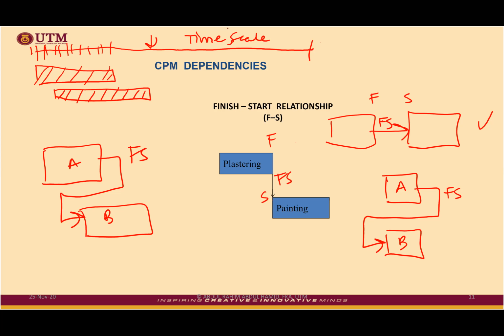But for an AON diagram or PDM diagram, you can put your box in whatever position. The most important thing is to draw the arrow in the right manner. Finish to start goes from the right of the box, finish, to the following one from the left. That's it.